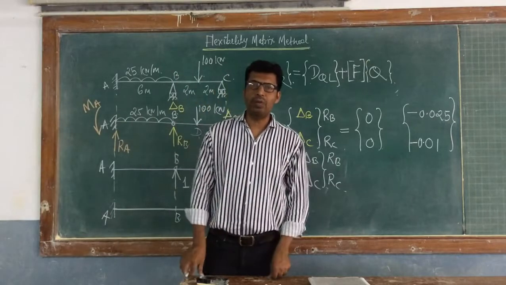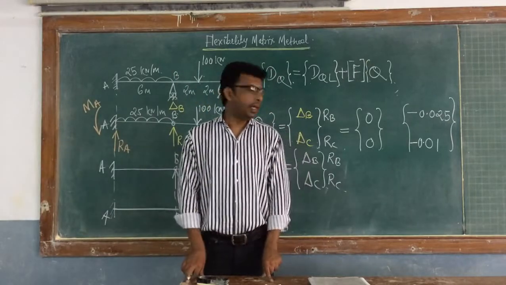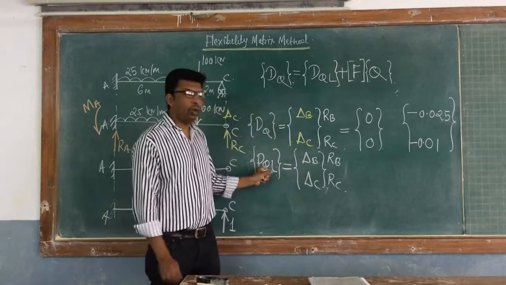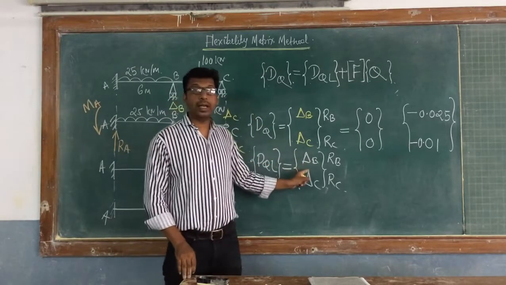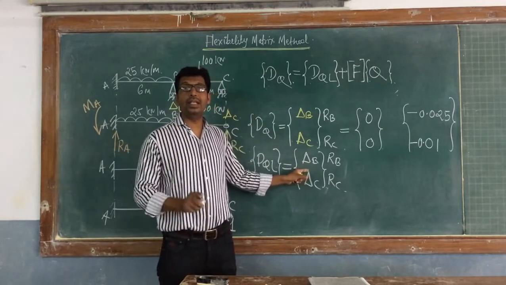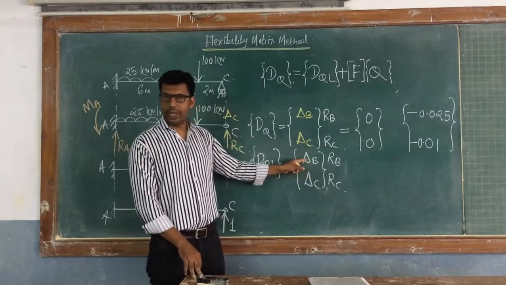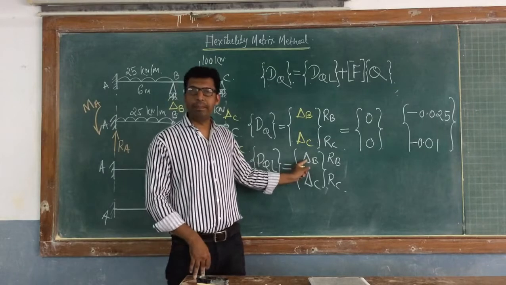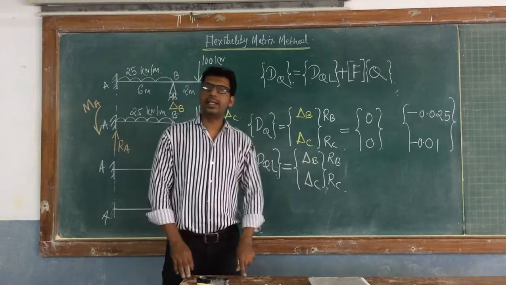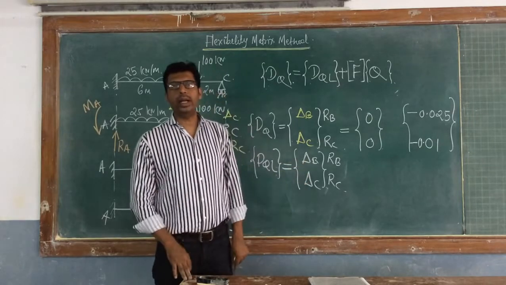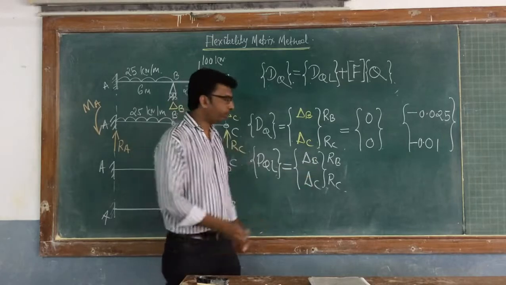There are some integration formulas which we will discuss in the next part. So dql is the displacement corresponding to unknown reactions in the release structure. Delta B is the first element, that is displacement at point B, and displacement at point C is the second element. Now how to calculate these dql elements?